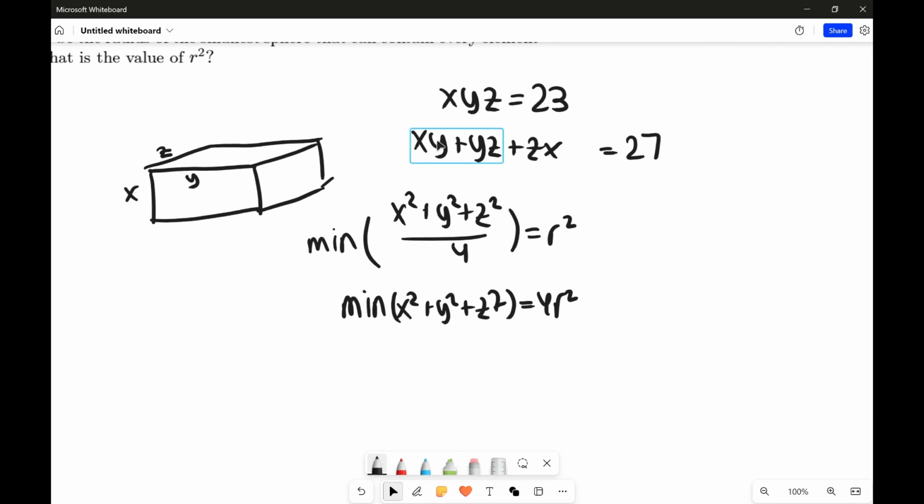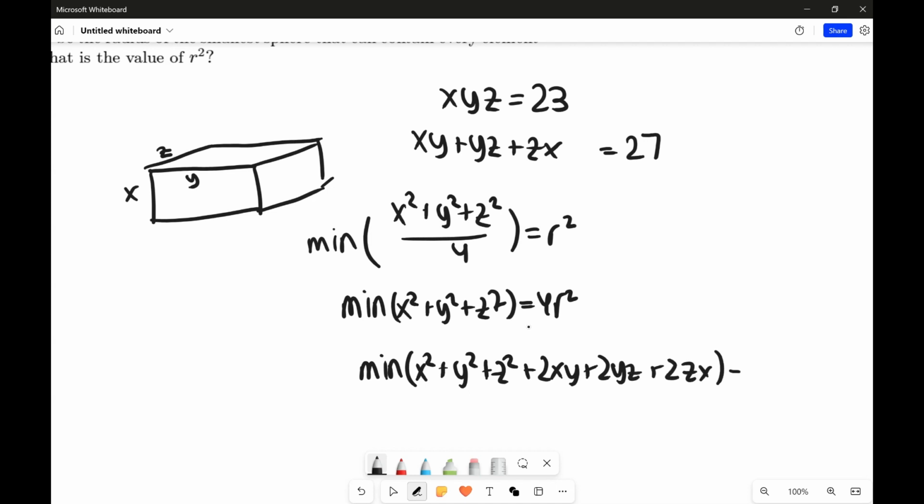And since xy plus yz plus zx is fixed, we are motivated to add twice of it to x squared plus y squared plus z squared. And then we end up getting the minimum of x squared plus y squared plus z squared plus 2xy plus 2yz plus 2zx is equal to 4r squared plus 54.